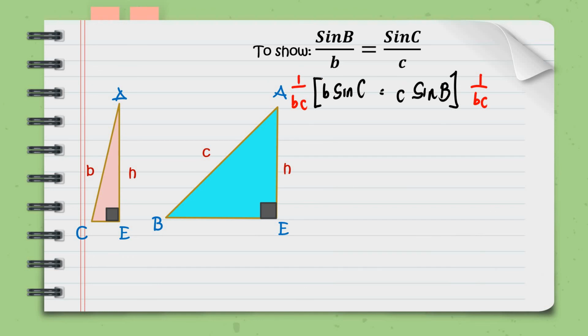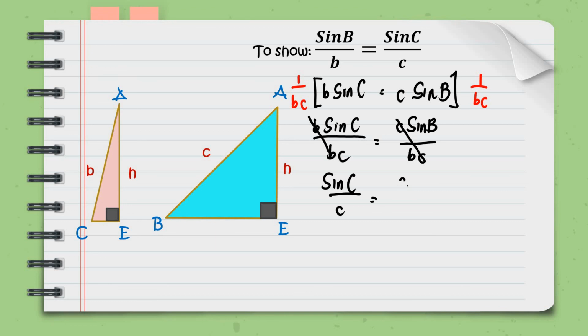So 1 times b sine of angle C over bc is equal to 1 times c sine of angle B over bc. Observe that we can cancel out b here and c here. Therefore, sine of angle C over side c is equal to sine of angle B over side b.